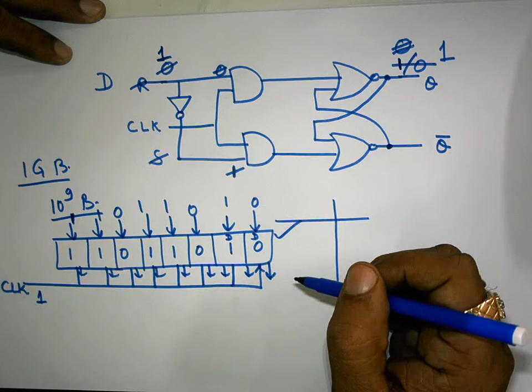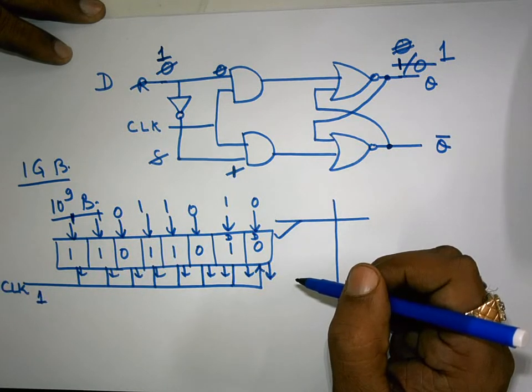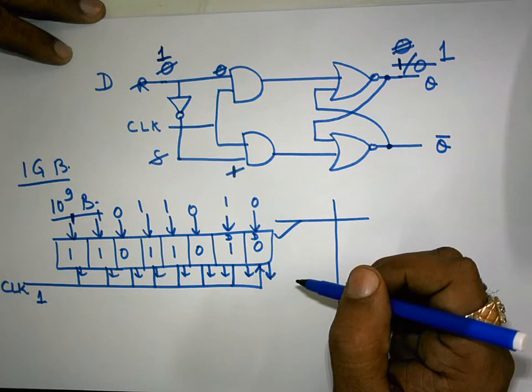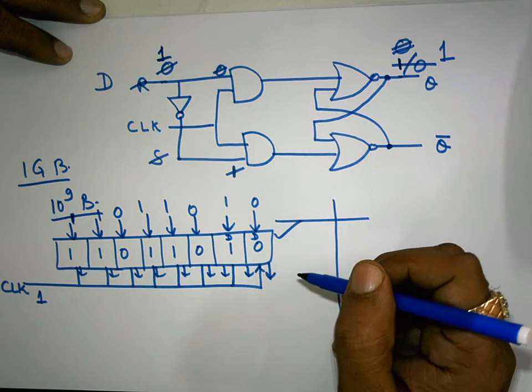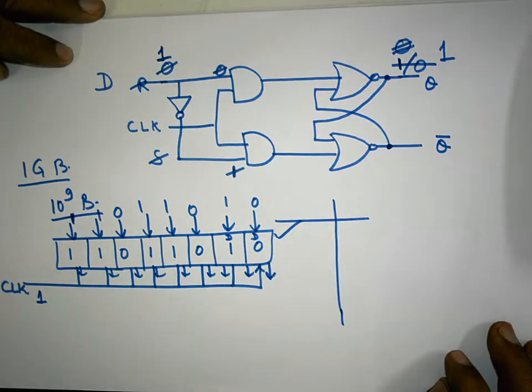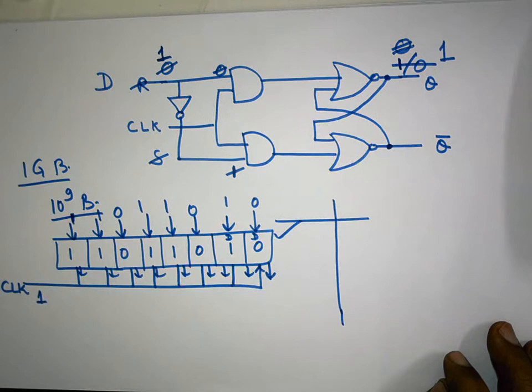A copy of 1 bit memory 8 times is a byte memory, a copy of 1 kilo such bytes is 1 KB of memory, a copy of 10 to the power 6 such bytes is 1 MB memory, and a copy of 10 to the power 9 such bytes is 1 GB memory. So if you have designed 1 bit of memory, then there is nothing impossible in designing as large a memory as you wish to design.